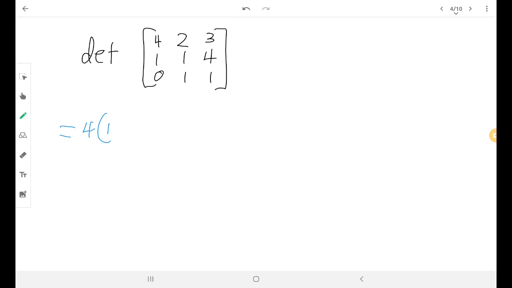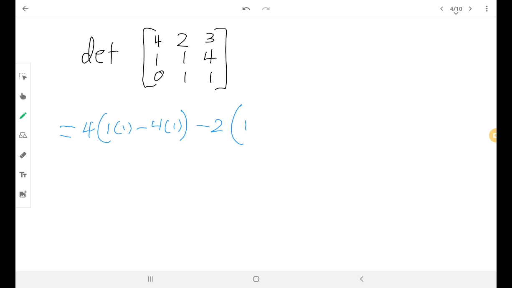So that'll be 1 times 1 minus 4 times 1. And then put a minus and use the next part. So 2 times, and then ignore those and make a matrix out of the rest of it and take that determinant.